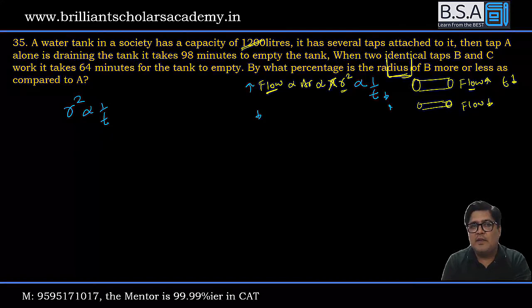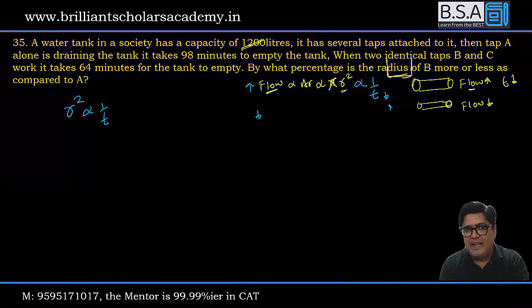Did you understand this? Radius square is flow, and flow is inverse of time. More radius, less time; less radius, more time. That is the link we have established. Now can I say, if there are two pipes, they take 64 minutes. So single pipe B should be taking twice of the time.